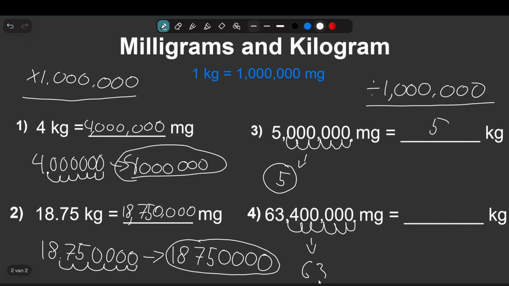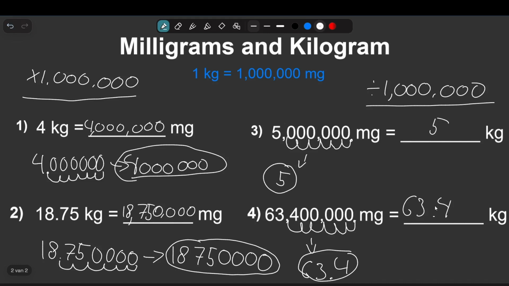So we have 63, and then our decimal, which was right here, we're going to put right here, 63.4. And this will be our final answer. So 63,400,000 milligrams will equal 63.4 kilograms as your final answer.